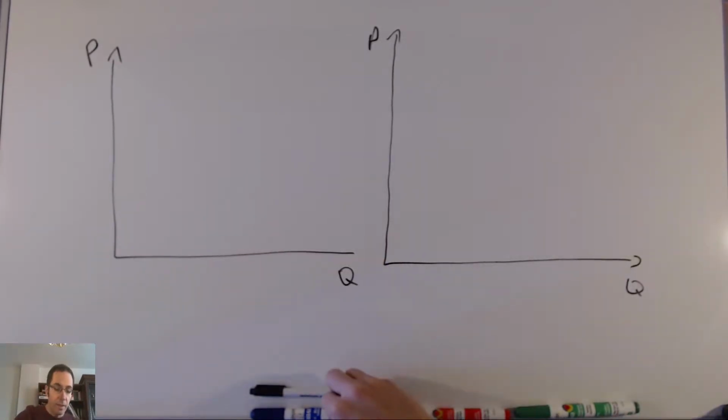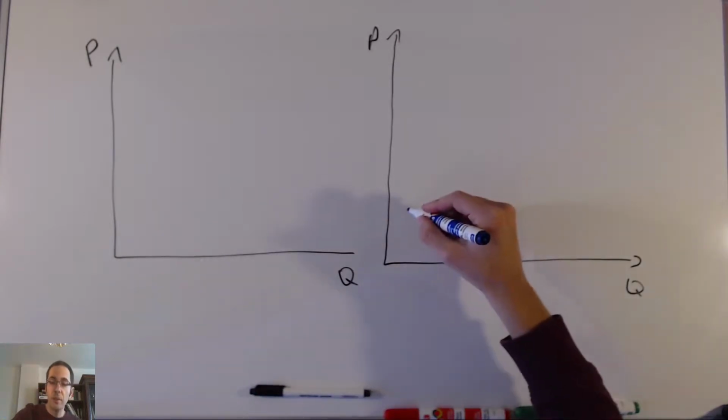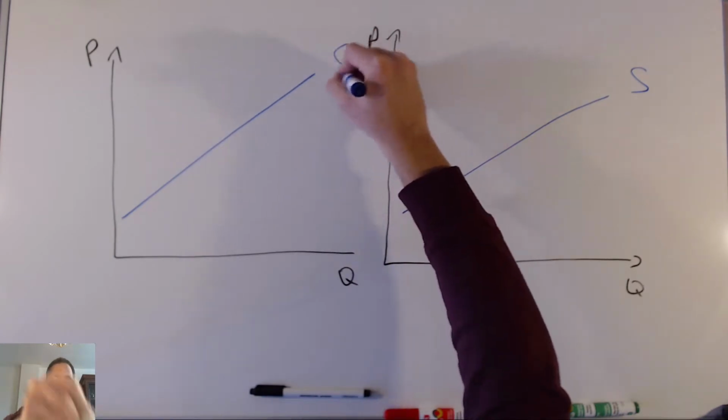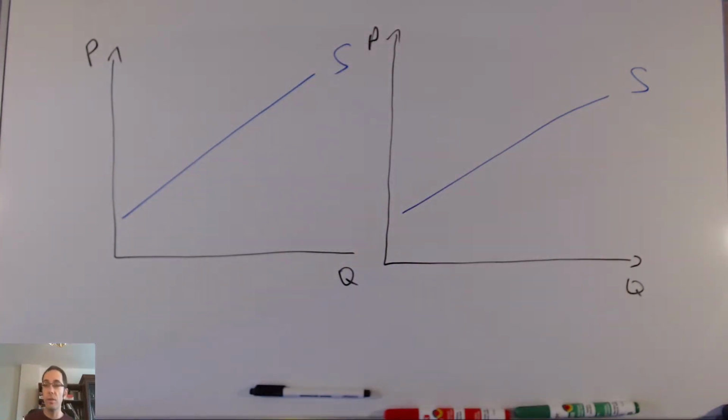Right, let's have somewhat similar supply curves in order to eliminate the variation in the price elasticity of supply.